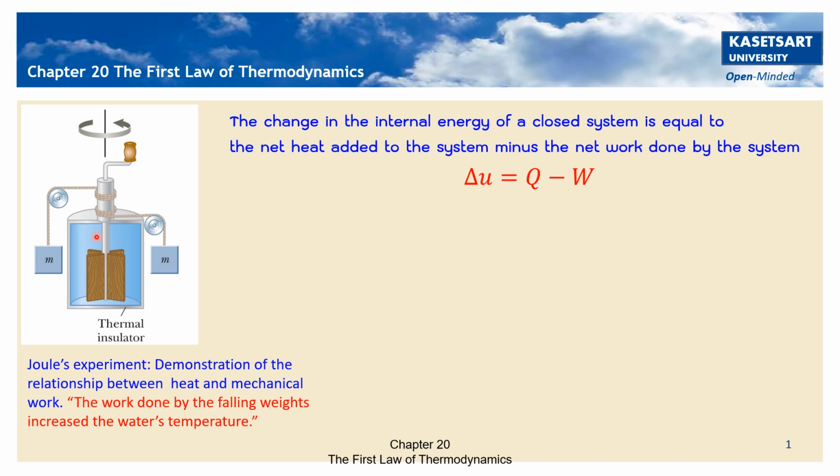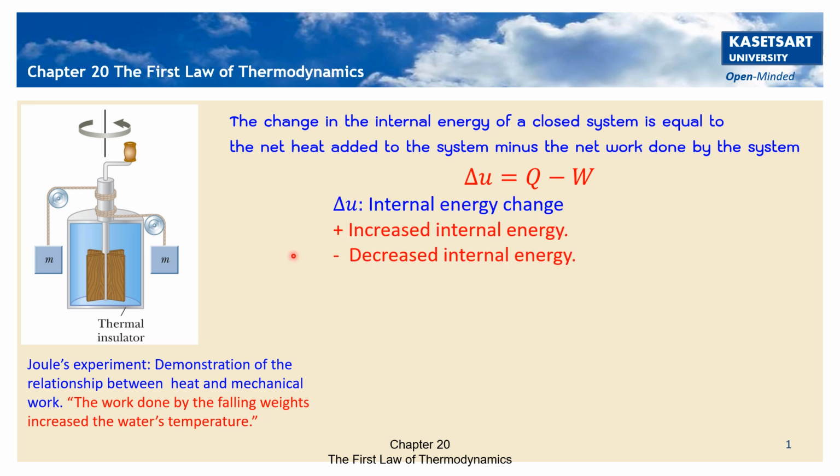the system. So then he can make the general formula for the relation between the internal energy change in a closed system, equal to the net heat added to the system minus the work done by the system.